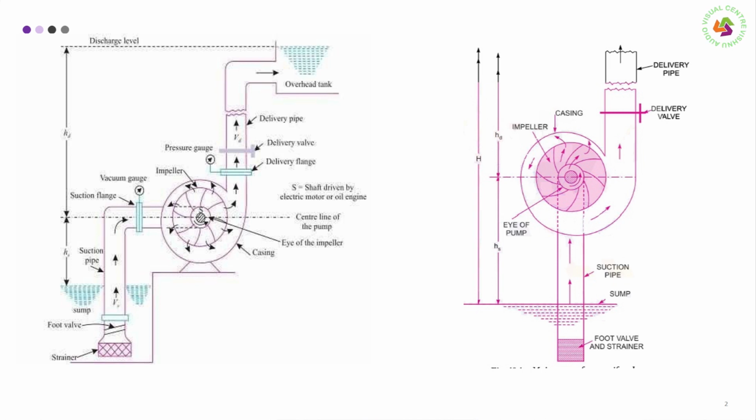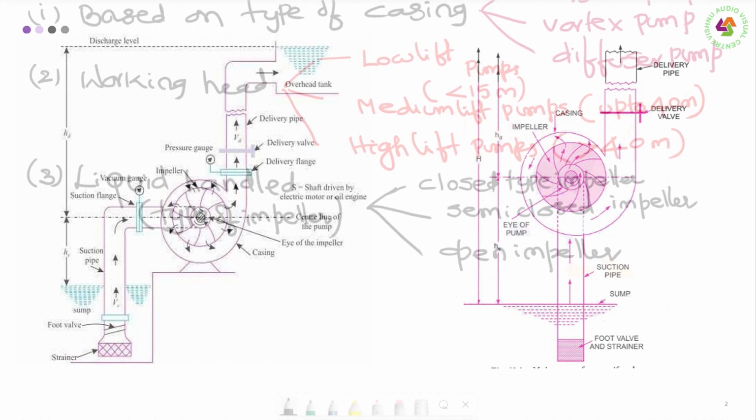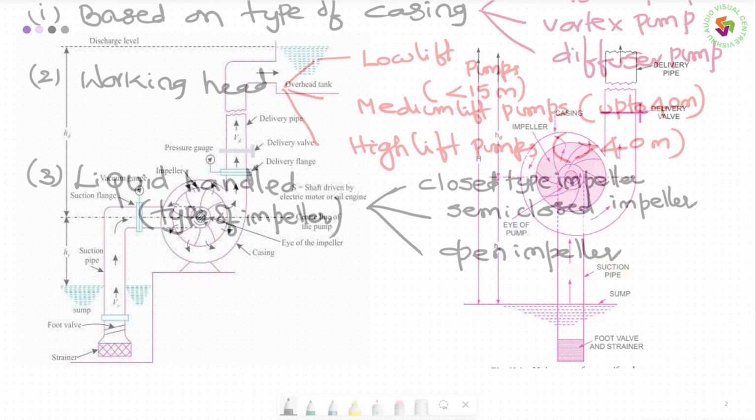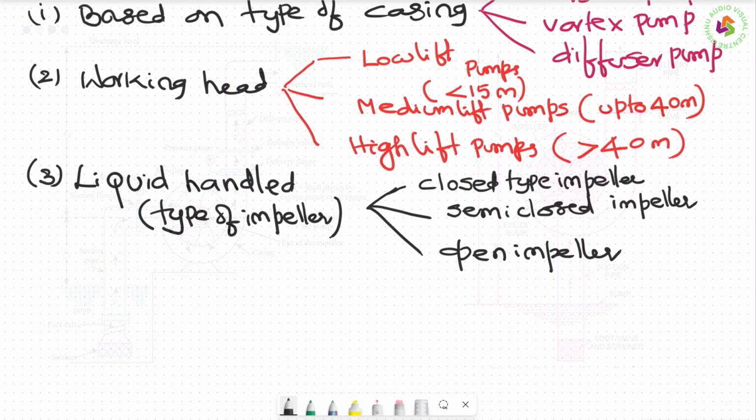Kindly see it. In the open type, you can see just vanes. In the semi-closed, the vanes are attached to a plate on one side. In the closed type, plates are on both sides, the vanes are in between, and the openings will be at the center, as you can see in the figure.